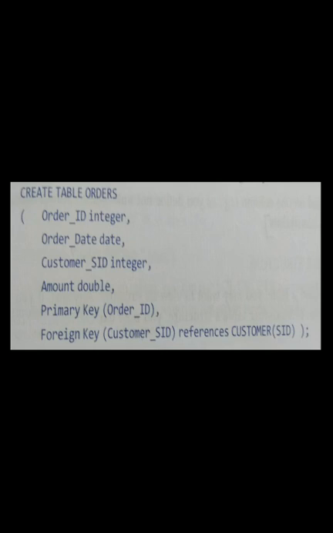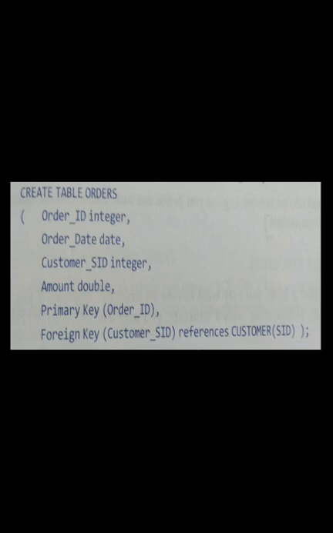How to actually write the command for making it a foreign key? Like create table orders, order ID integer, date, customer SID, amount, primary key order ID. We have just written the primary key afterwards, and then I've written foreign key. What is the foreign key? Customer SID. And from where am I taking the reference? I am taking the reference from the customer table.